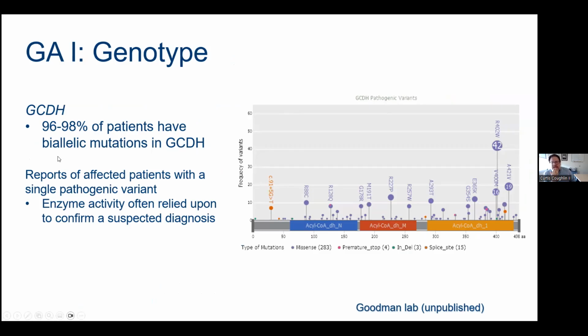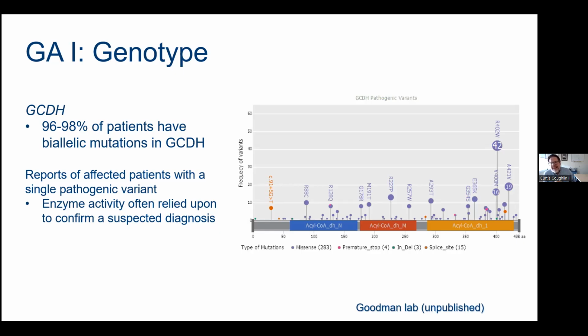Older reports sort of suggest that there is a number of patients who have no mutations in GCDH, but have clear-cut GA1, both with some striatal injury and abnormal biochemistry.